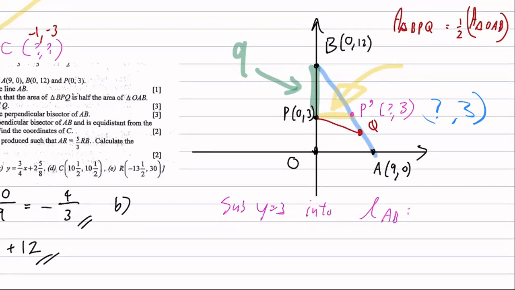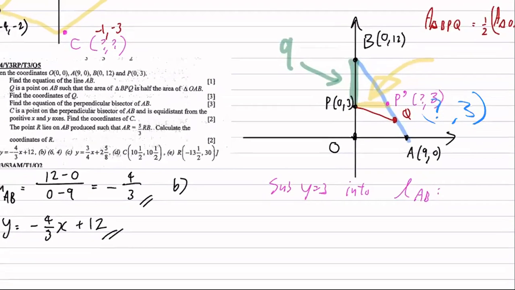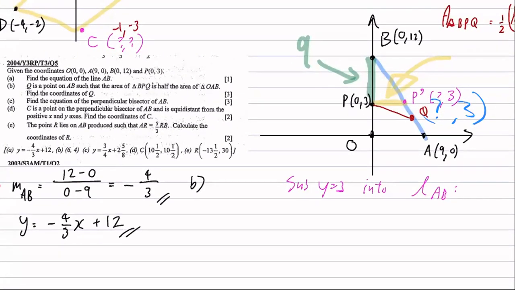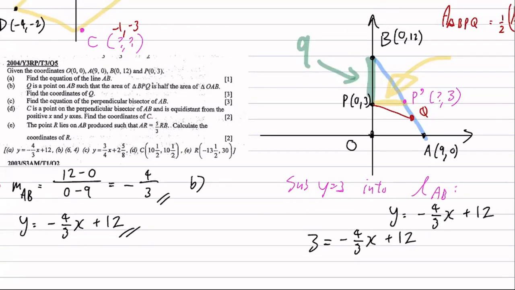Do we have line AB already? Yes, from part 1. Part A, I mean. So that means we can just get 3 equals negative 4/3 x plus 12. Then if I bring the 12 over, 3 minus 12 is negative 9 equals negative 4/3 x. Multiply by negative 1, you get 9 equals 4/3 x.